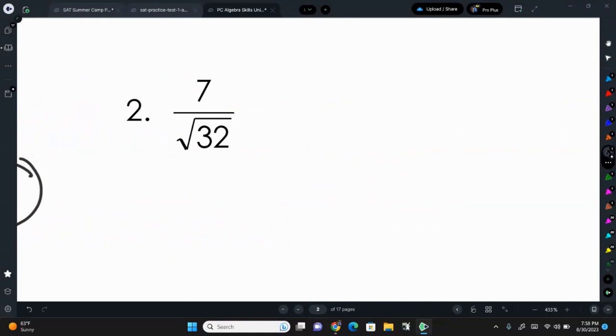Then number 2, well, the square root of 32 is in the denominator, and yes, we can simplify that. You could simplify that first, or you could multiply the numerator and denominator by the square root of 32 and then simplify after you multiply and divide out any common factors. Either way is okay.